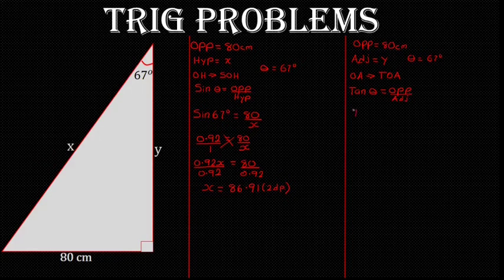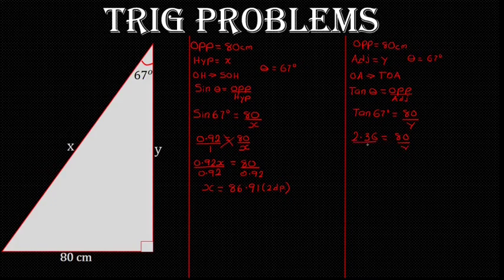Alright, so I have tan 67 degrees is equal to 80 over y. Tan 67 now from a calculator would be 2.36, equals 80 over y.